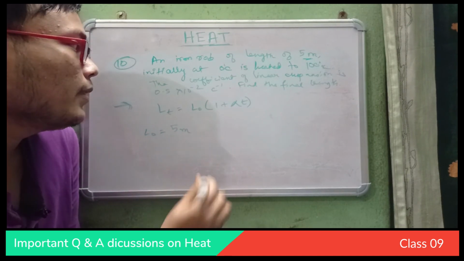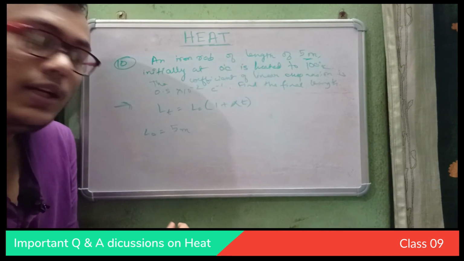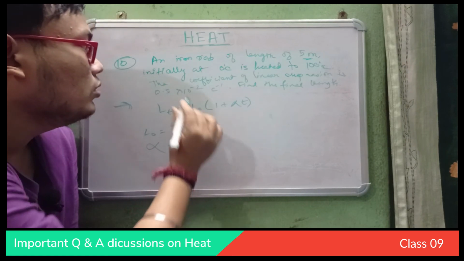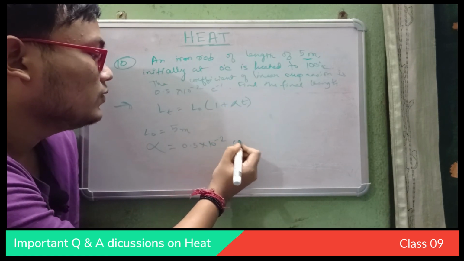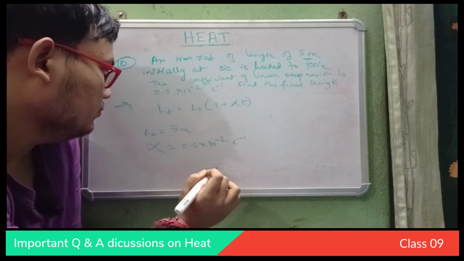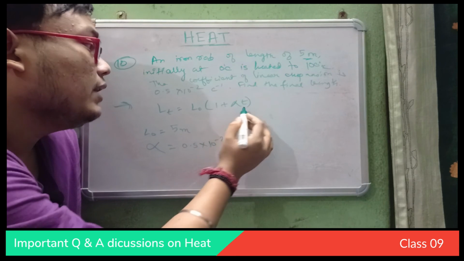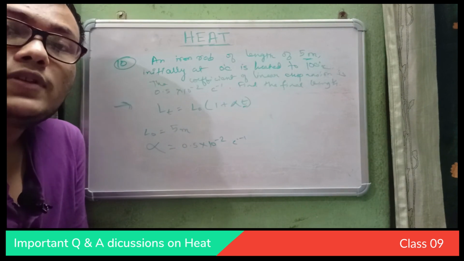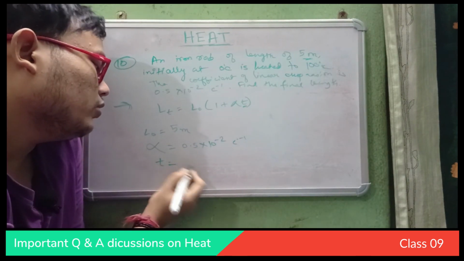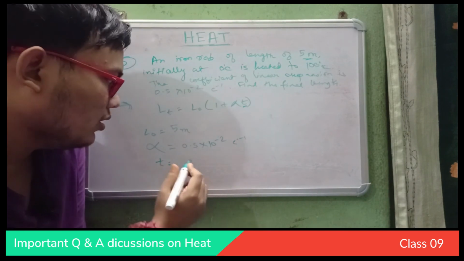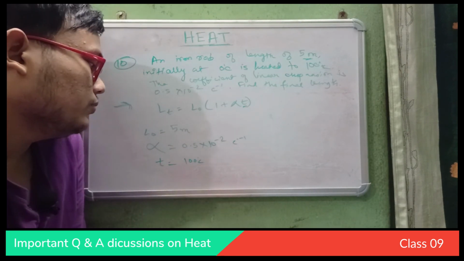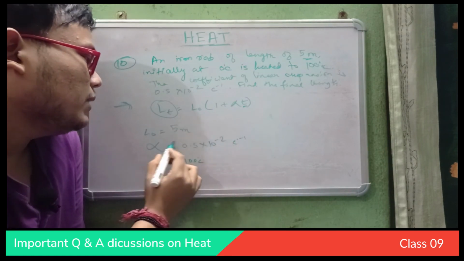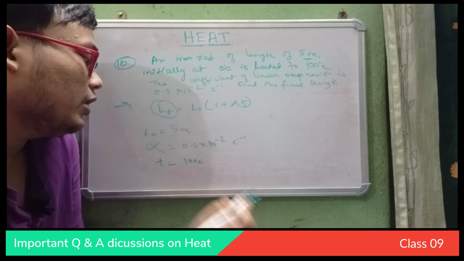Alpha, the coefficient of linear expansion, is also given, 0.5 into 10 to the power minus 2 per Celsius. T, the difference in temperature, is also given. Initially it was at 0, heated to 100°C, so T is 100°C. These three things are given, and we have to find LT. So we just replace the values in this equation.